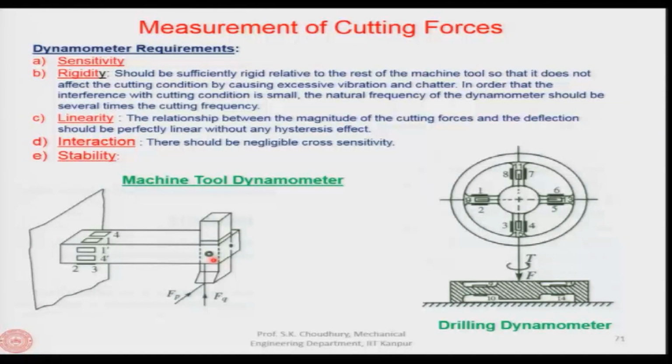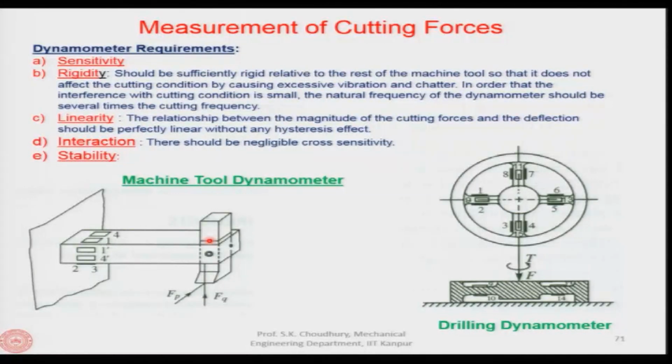As you can see, this is a cantilever beam, and you can consider this to be a tool post, and the tool is protruding out, which will give you the moment. We know the distance between the point of action of the force and where the sensors are located. So, force into length will be the moment, and I have shown it to you earlier while discussing the cantilever beam how from the moment we can find out the force.